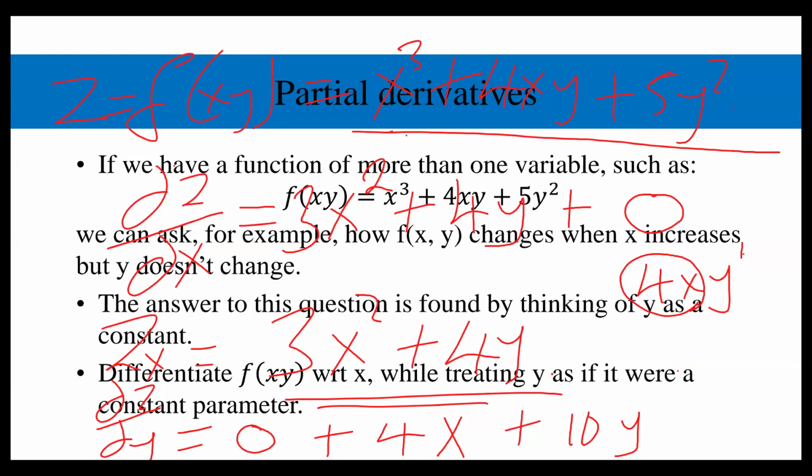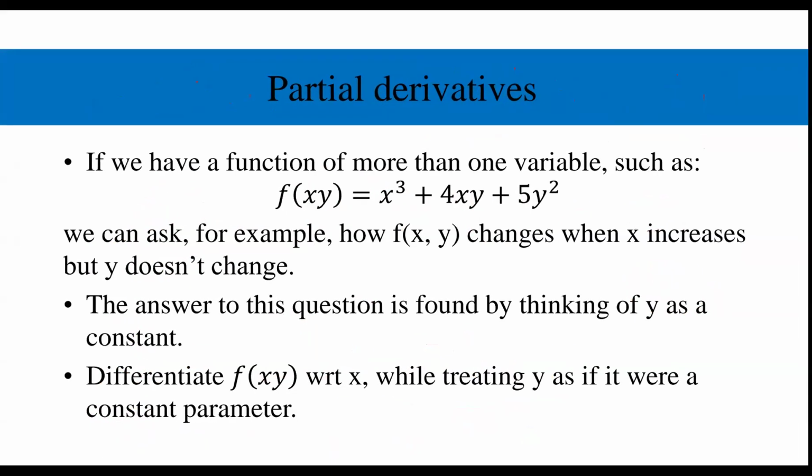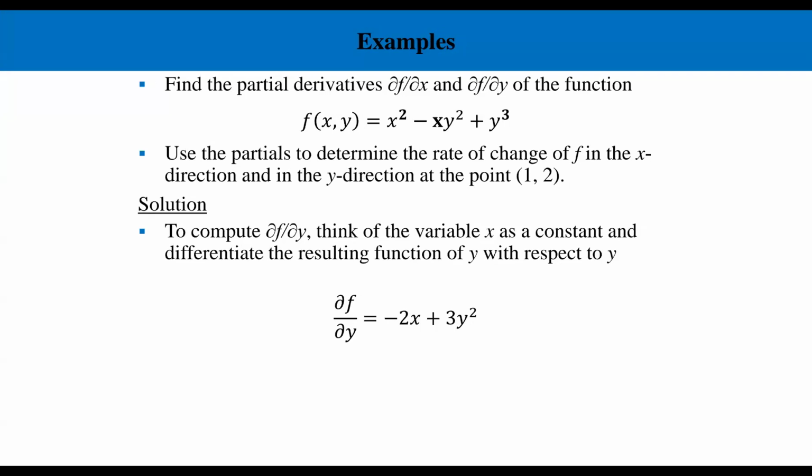So there are two answers there. This one with respect to y, and this one with respect to x. So that's how you deal with partial derivatives. Okay? This is just the first example where I have made mention of the partial derivatives.